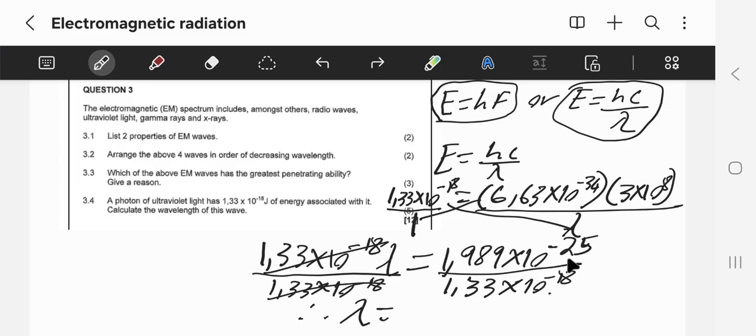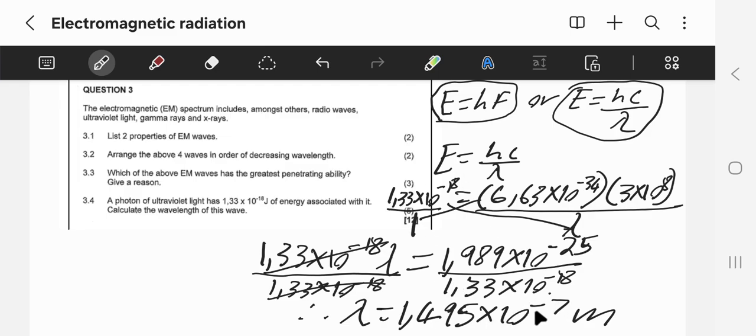And when I say this number divided by this one, the answer I'm getting is 1,495 times 10 to the power of negative 7 meters. So this is my wavelength.